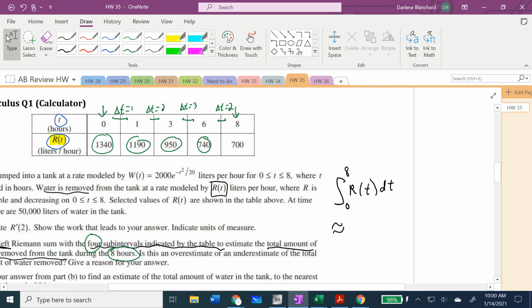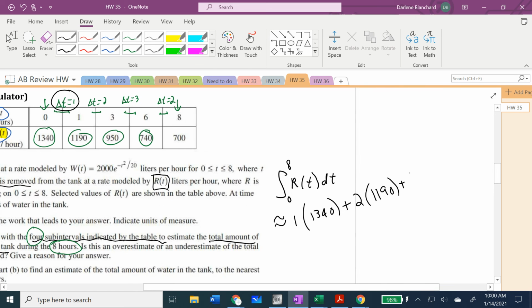And now's when you're going to throw in your left Riemann sum. I've got my delta t of 1 multiplied by my y value, 1340. And then you're just simply writing it all down. My delta t of 2 goes with 1190. And then delta t of 3 goes with 950. And my final delta t of 2 goes with the 740.